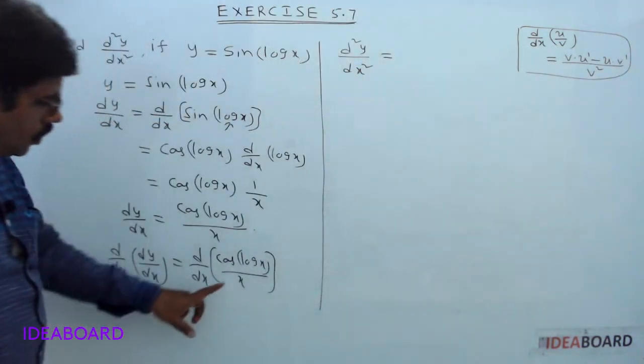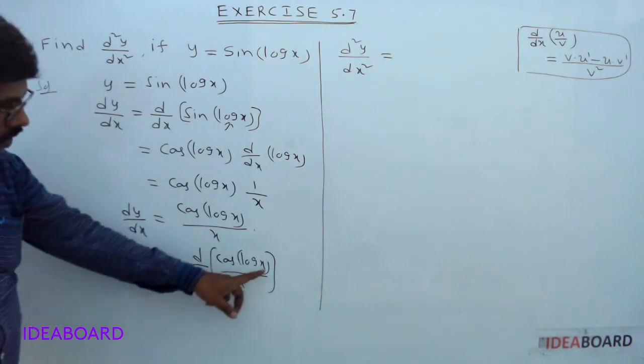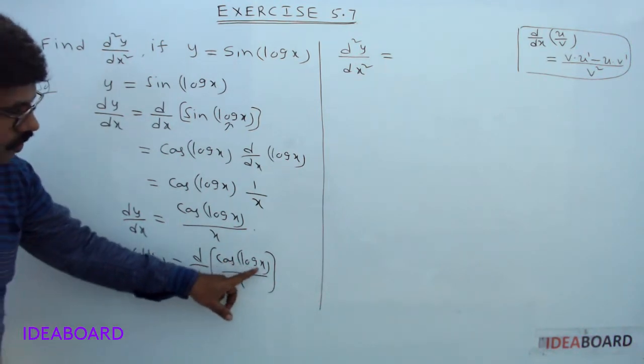Now here the v value is x, and the u value is cos of log x.